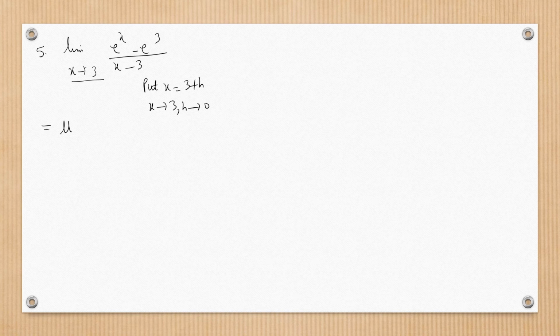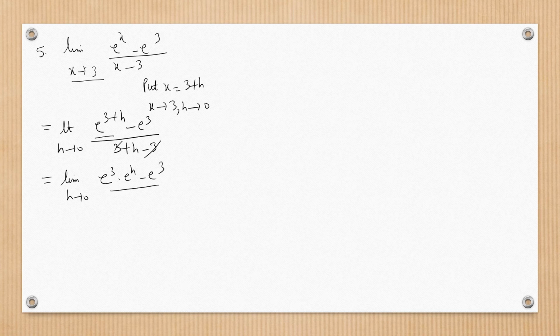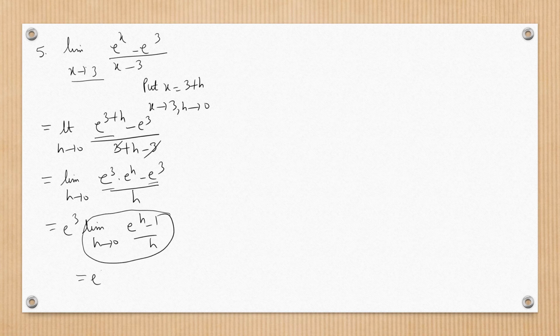So it is limit h approaches 0, e raised to power 3 plus h minus e cube upon 3 plus h minus 3, which is h. Now what we need to do is e cube into e^h minus e cube upon h. Take this e cube common outside. Limit h approaches 0, e^h minus 1 upon h, which reduces to 1. And the answer is e cube into 1, that is e cube.